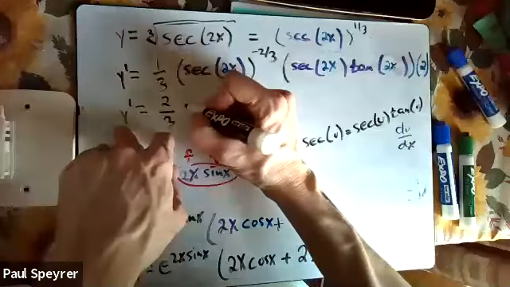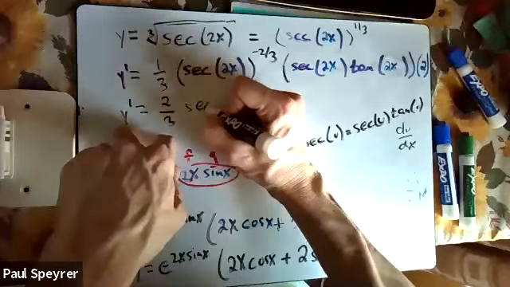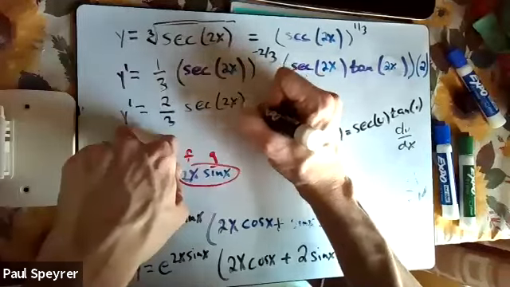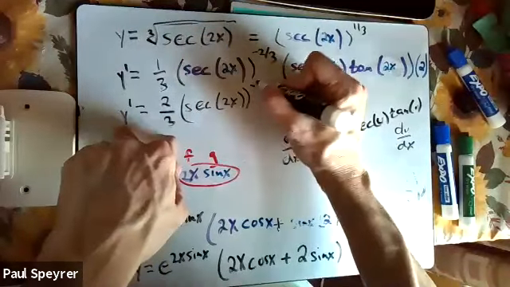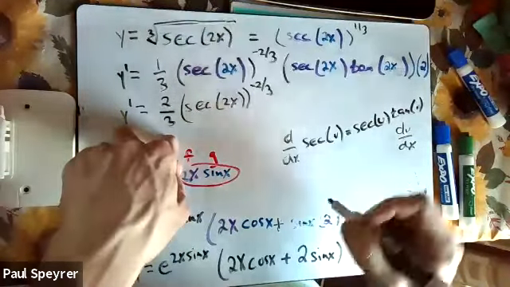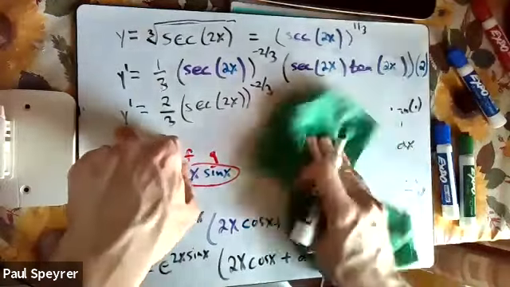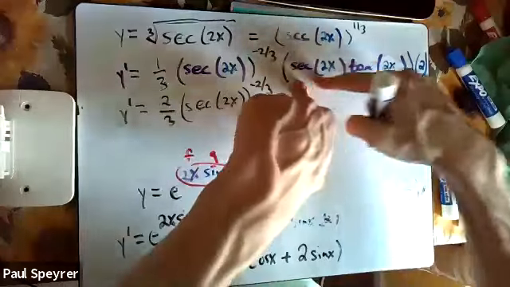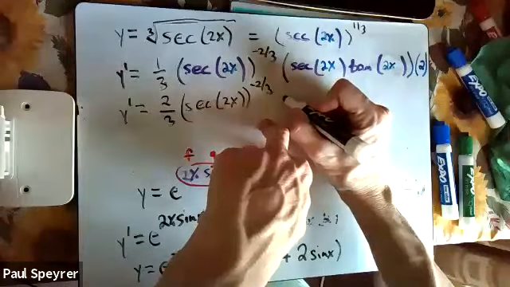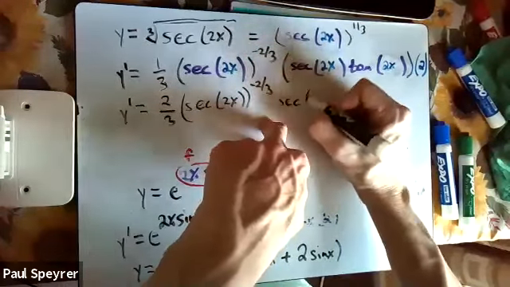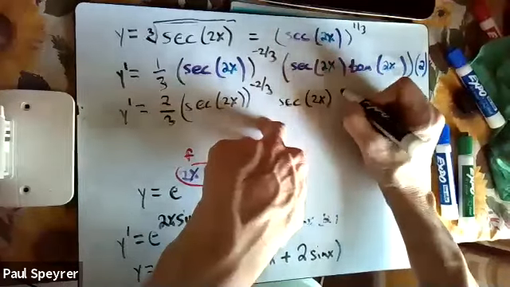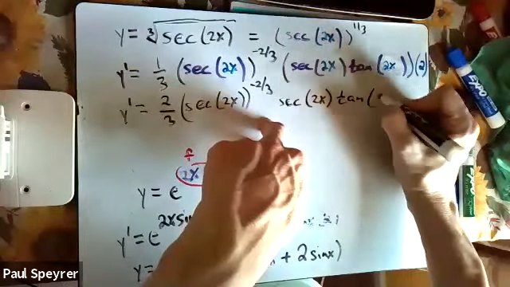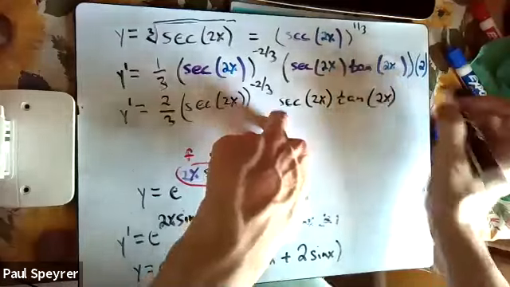So we have secant of 2x, and this quantity raised to the negative 2/3. And then times this component here, secant of 2x tangent of 2x.